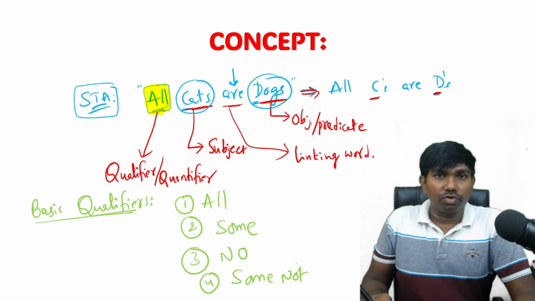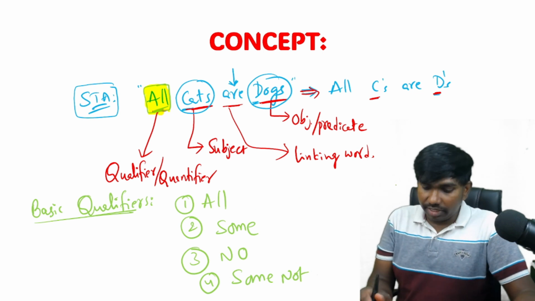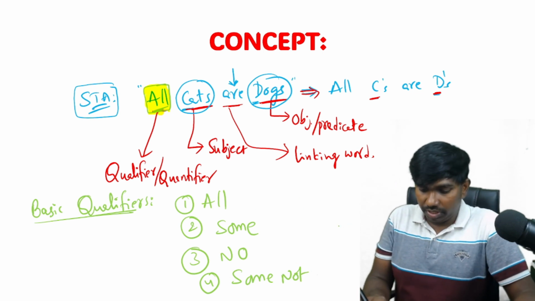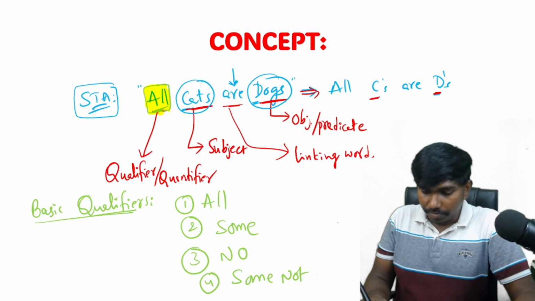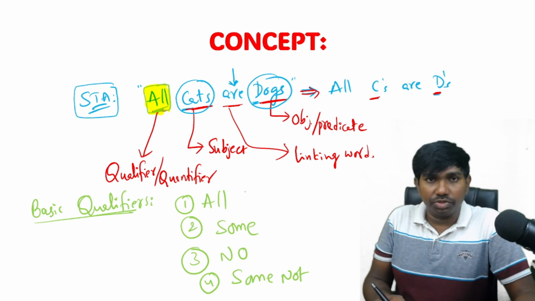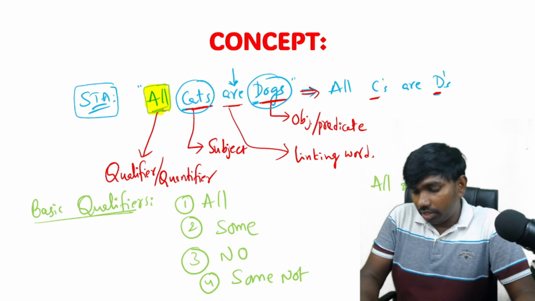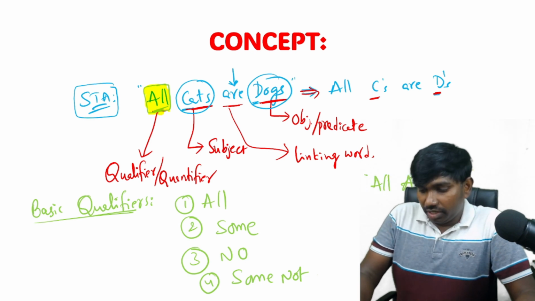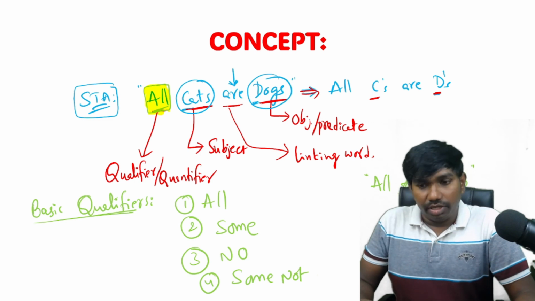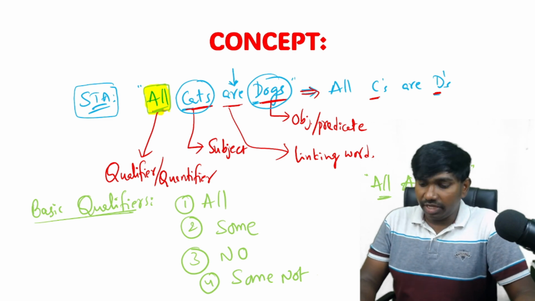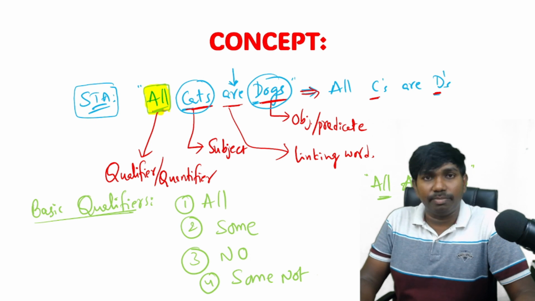Other than these 4 qualifiers, the rest are other names of these qualifiers only, like synonyms we can say. Instead of using all, the examiner may use every. Instead of giving "all A are B", we may have every A is B, each A is B, 100% A's are B's.